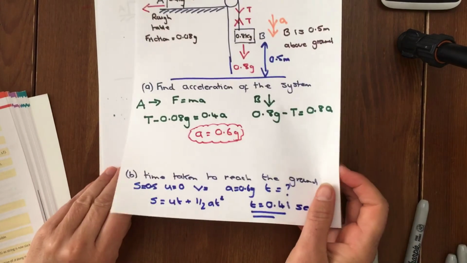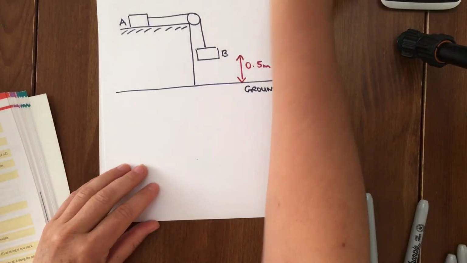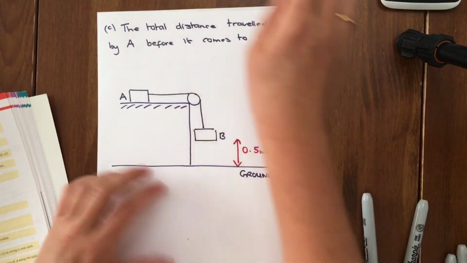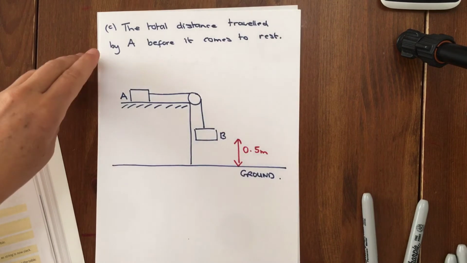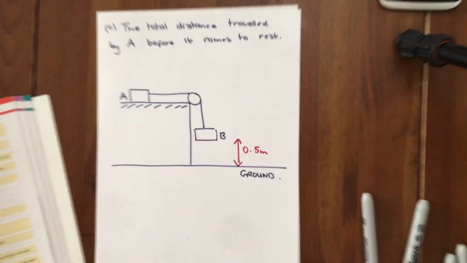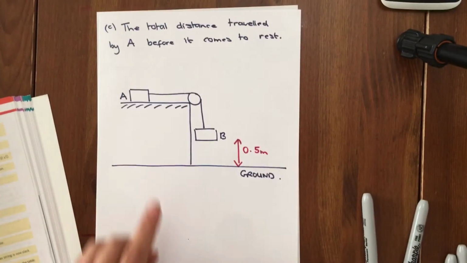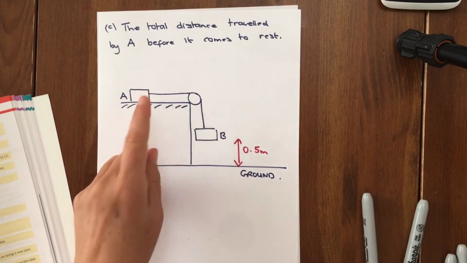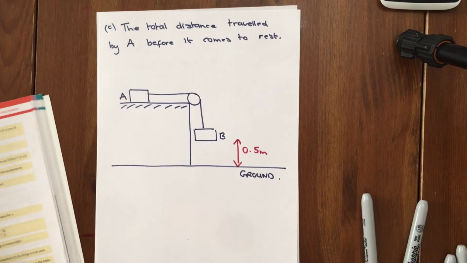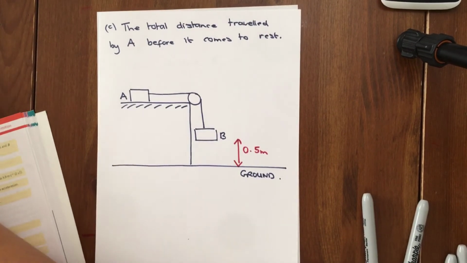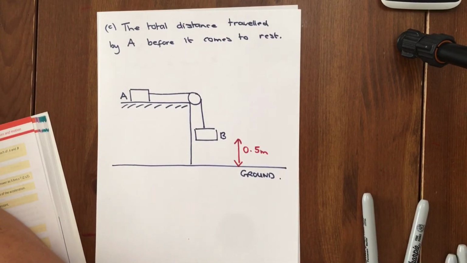Right, here comes the tricky bit. Okay, so this is your grade A of the question. You want to find the total distance travelled by A before it comes to rest. Okay, so let's think about what is happening to the whole of this system here.